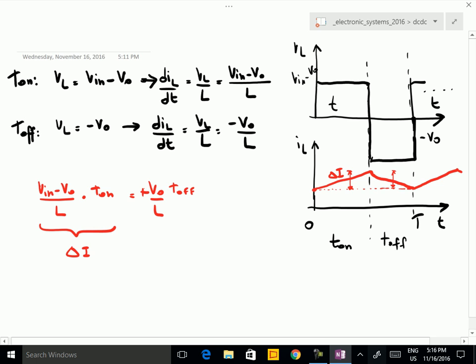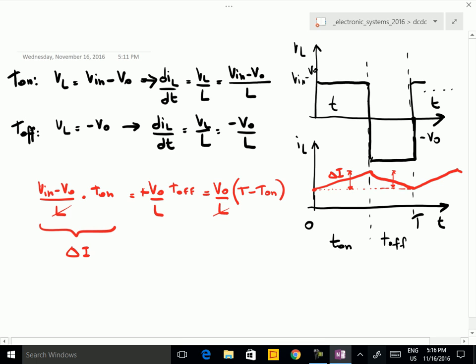Now, in order to simplify things, I can use only T on, so T off can be written as T minus T on. And of course, if I put together the first and the last expression, I have L, which I can simplify.